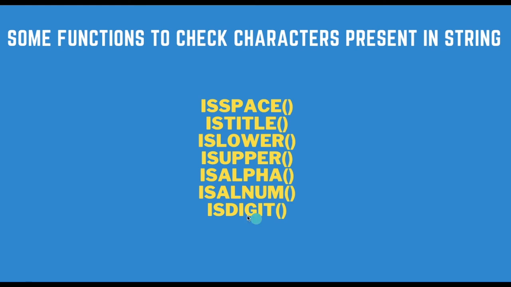And isalnum means it checks that all the characters should be 0 to 9 or A to Z. It will check that all the characters are digits only. Suppose you are making one application where you want the user to always input a number only, but he is entering a string, then this is useful. You can check whether the user entered a number or a string.